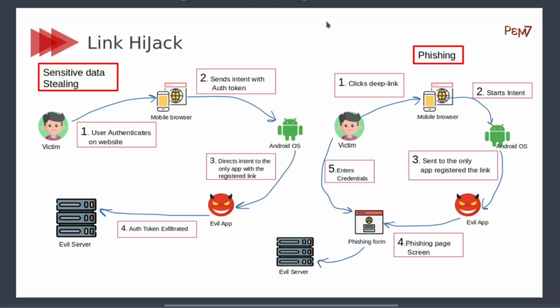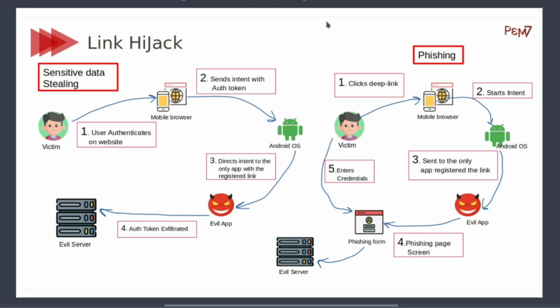And the only app, coincidentally, that is found is the evil app, an app that is there just for malicious reasons. So the authentication token is exfiltrated by this evil app and sent to the evil server.